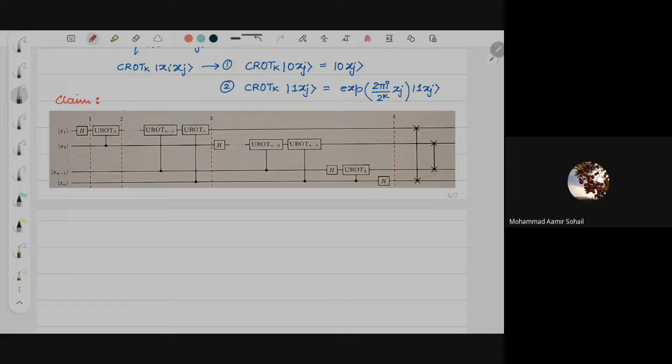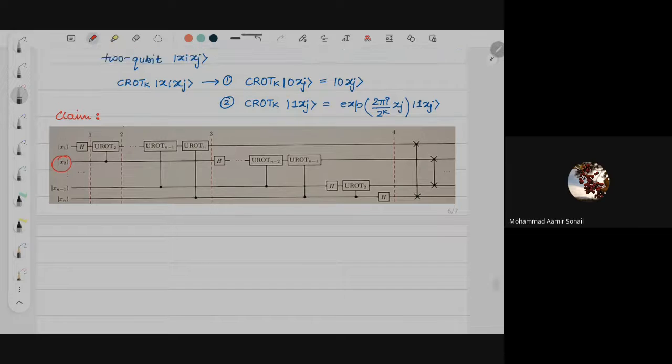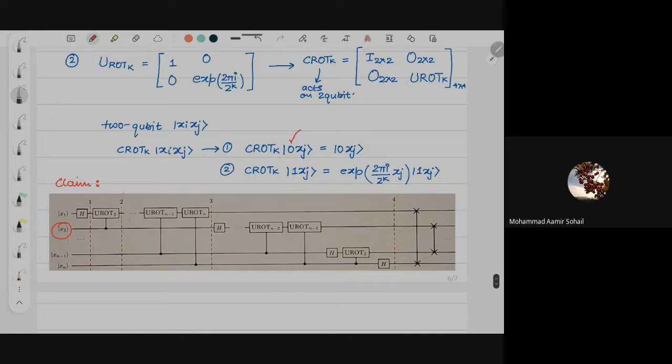So we apply the Hadamard, then we apply the controlled rotation with the control on x2. So here this one is control, and the second qubit is the target. So this is how this controlled rotation is defined.